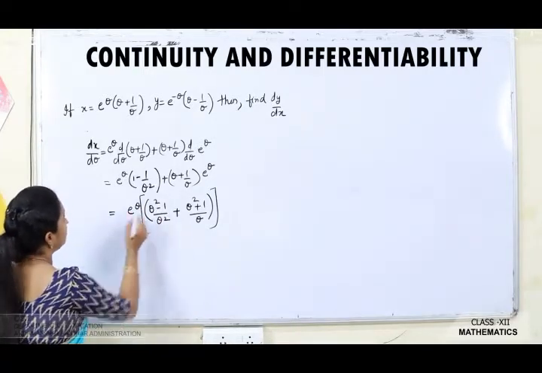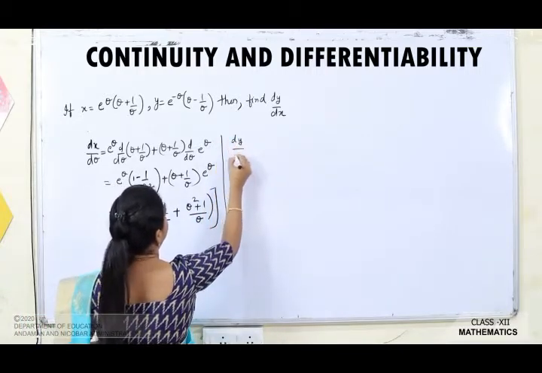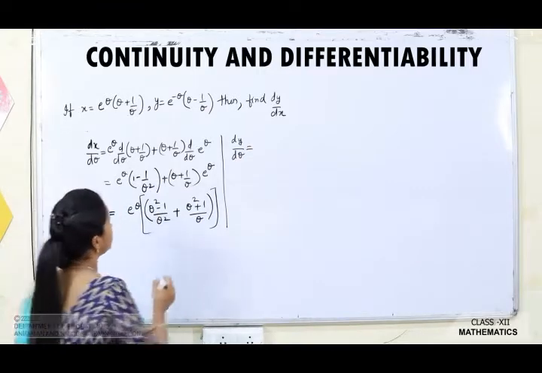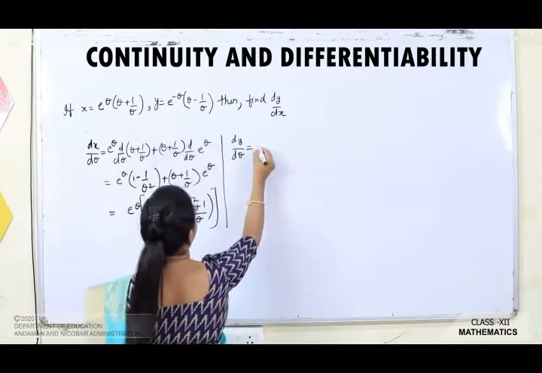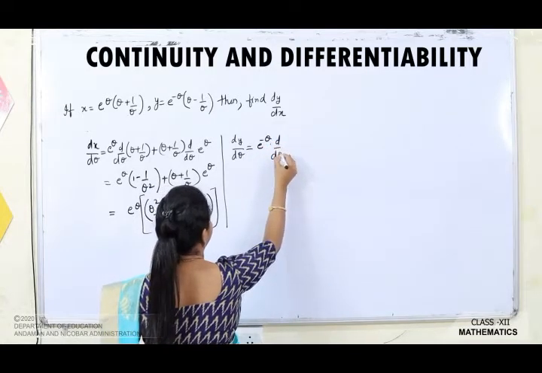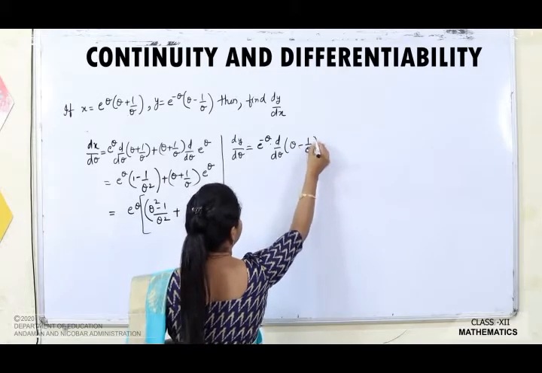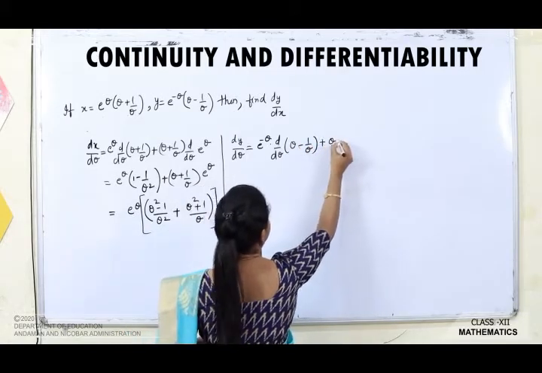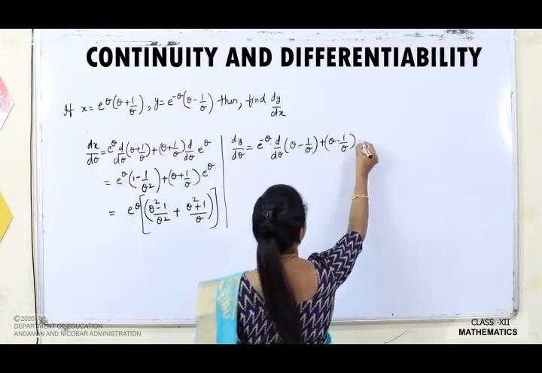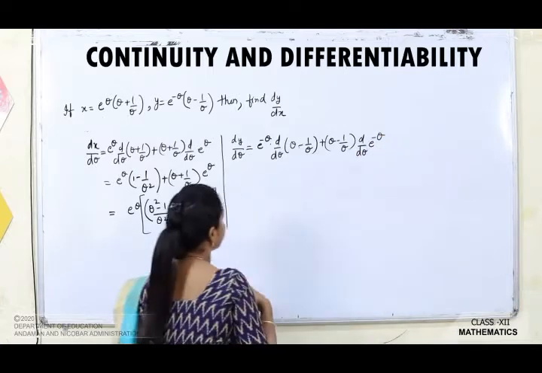Now, we will find next dy by d theta here. Now, dy by d theta, you see here again first function into derivative of second function, product rule, minus 1 by theta plus second function into derivative of first, d by d theta of e power minus theta.